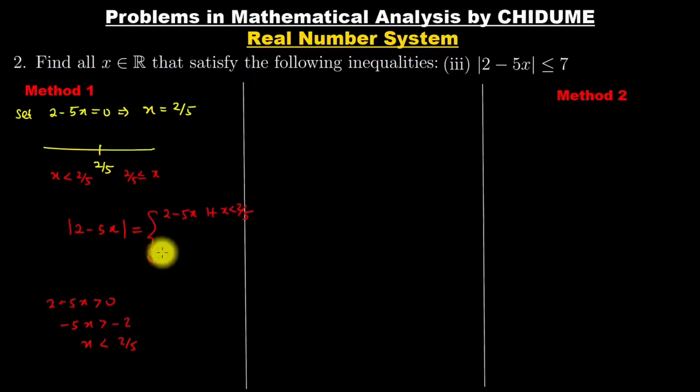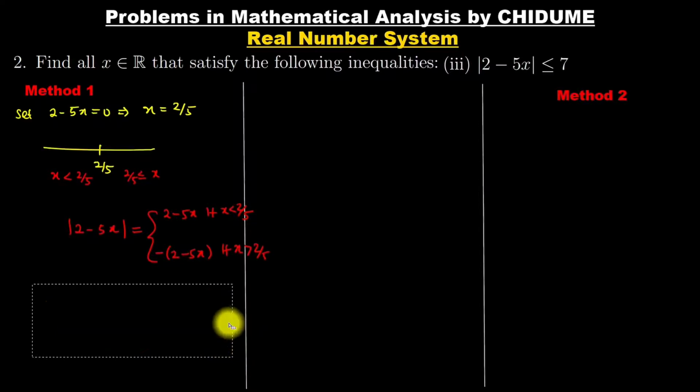Here I'm going to have negative of (2 − 5x), that's if 2 − 5x is less than 0. Obviously, I'm going to have 5x less than −2, and that means x is greater than 2/5. So here, this is if x is greater than 2/5. You can see how those things are changing. You have to take note of that, and you can only take note of that if you actually solve more problems on this inequality. So let's just continue now.